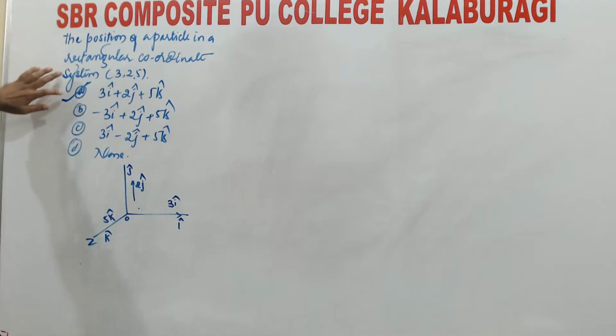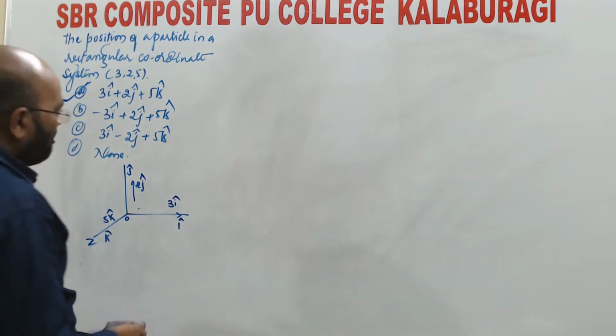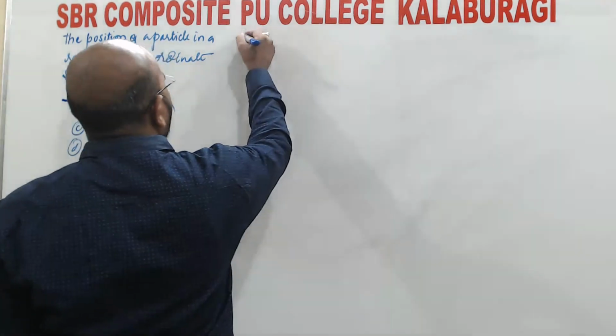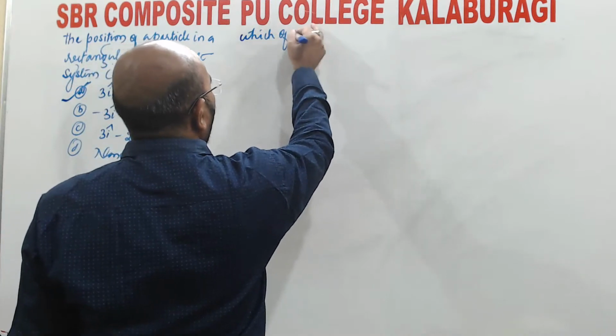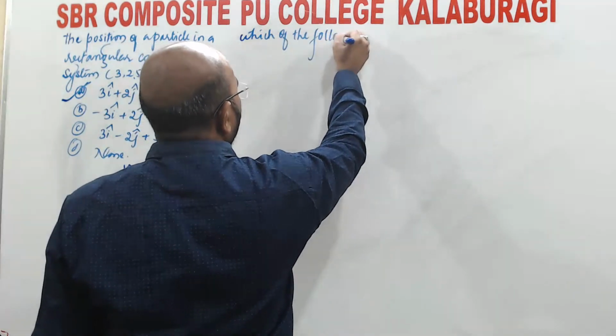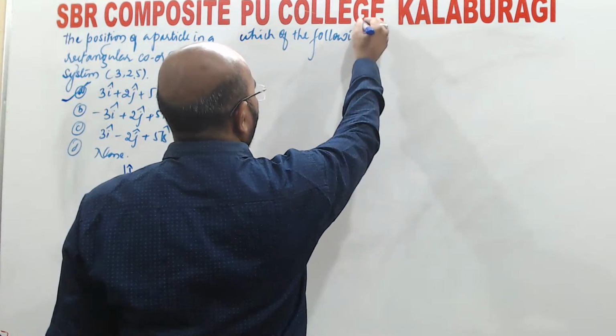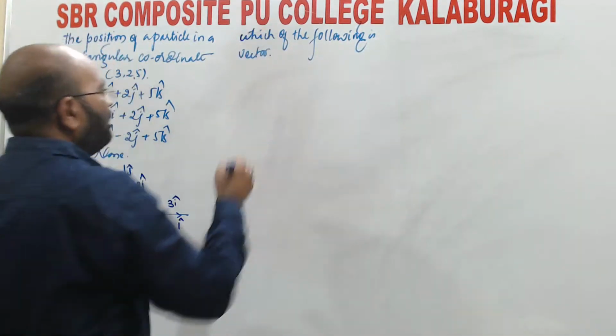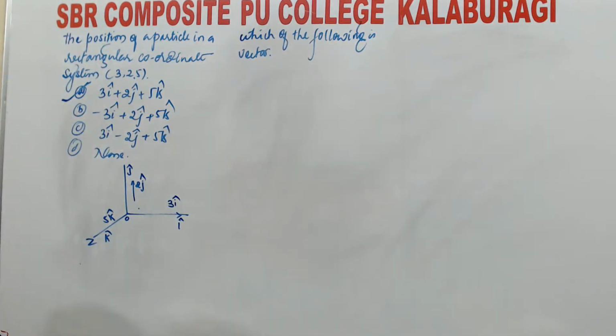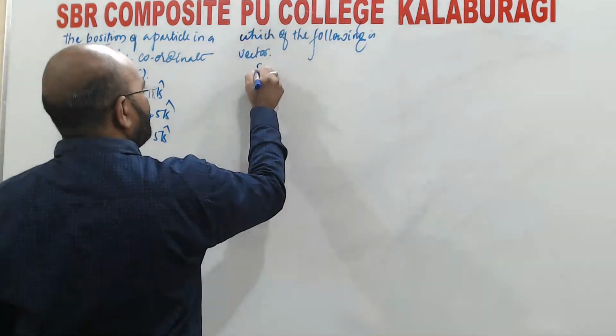Now here is the question: which of the following is a vector quantity? Note down the options. Surface tension.